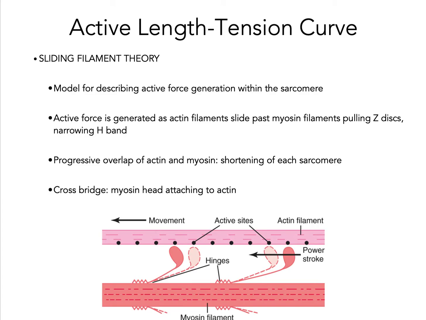Cross bridge is formed by myosin head attaching to actin, as demonstrated right here. So the pink is the myosin, the light pink is actin.